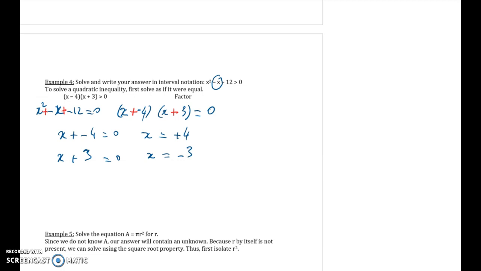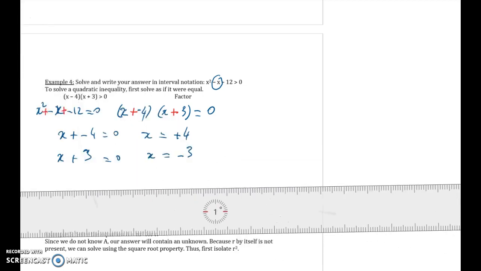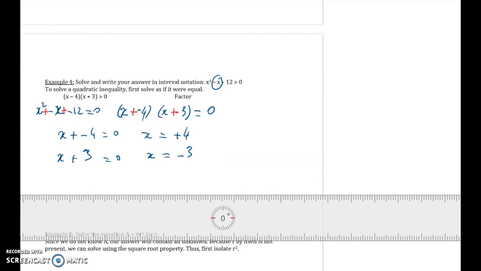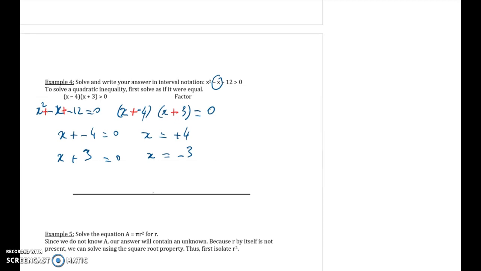Now, what you are going to do, and let me take black, you are going to represent your number line. You are going to plot the point 0, therefore you know that -3 will be there, and you know that 4 will be on this side.